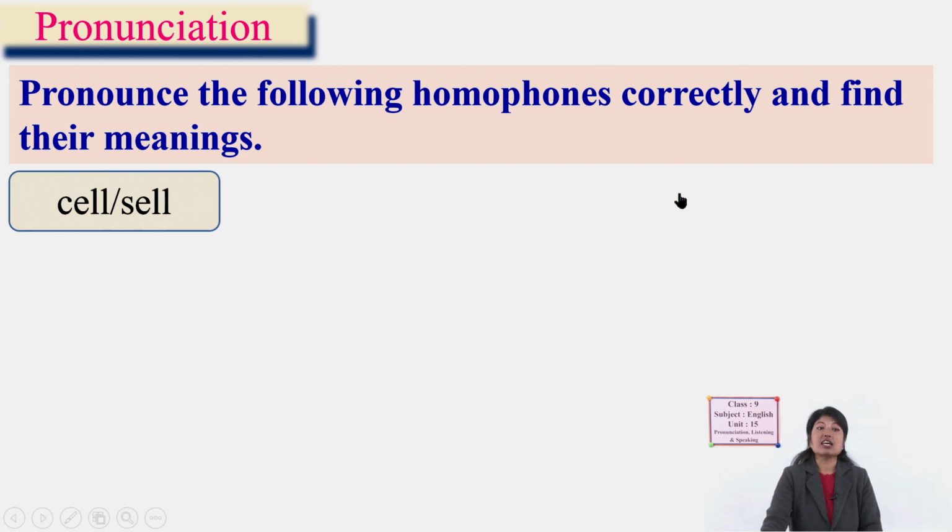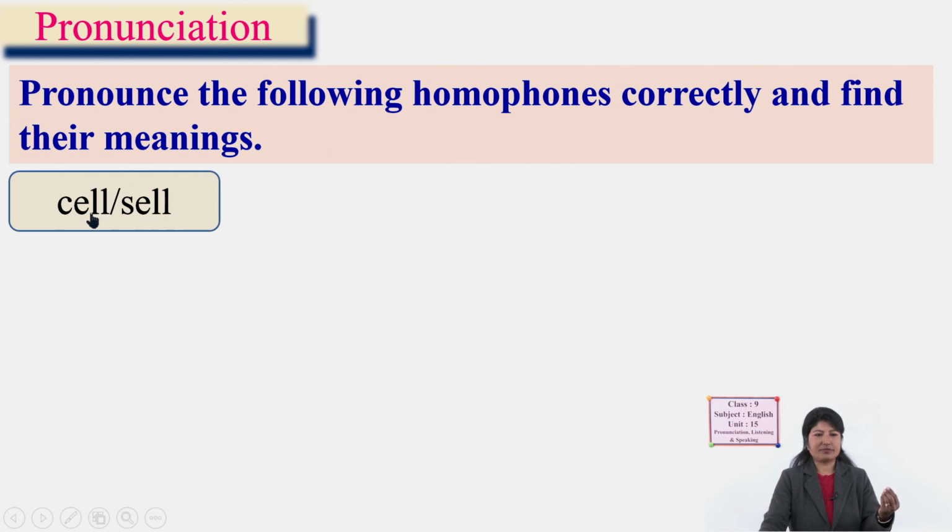The first pair of words: cell, cell. Both are pronounced cell. Then what's the difference between the first cell and the second cell? The spelling is C-E-L-L and S-E-L-L. The first, C-E-L-L, cell, is the tissue of any living organism, the cell that you read in science, right?